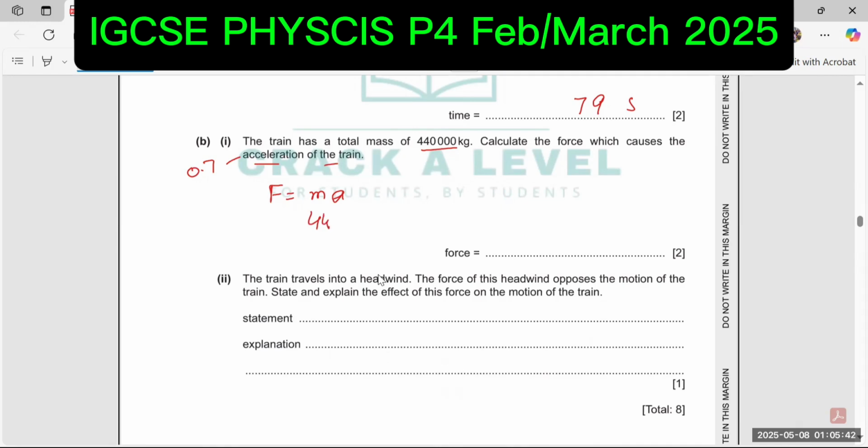So by multiplying 440,000 by the acceleration, 0.7, you will get the answer 3.1 times 10 to the power 5 newtons.